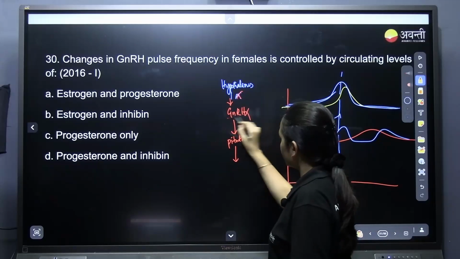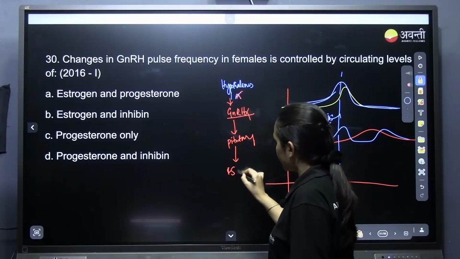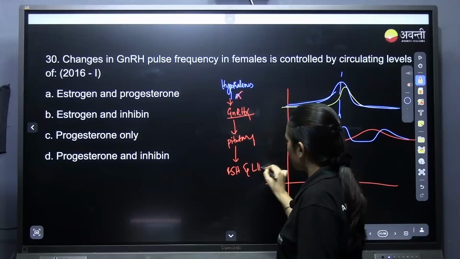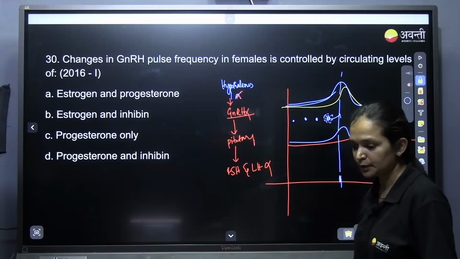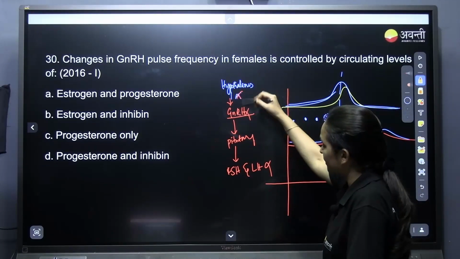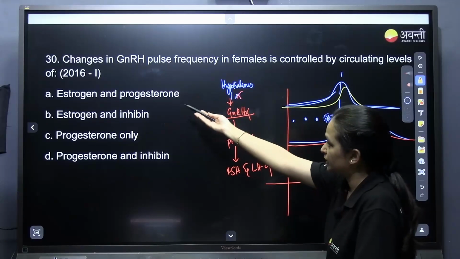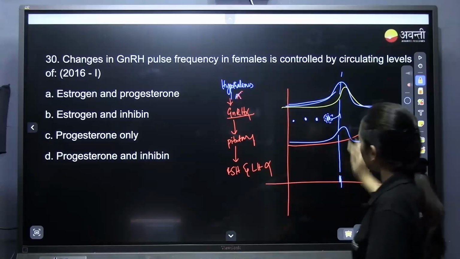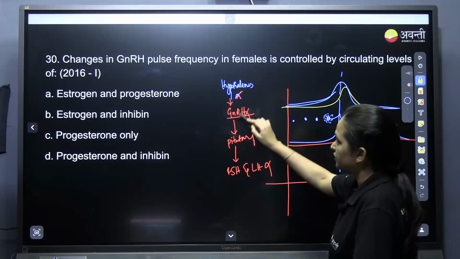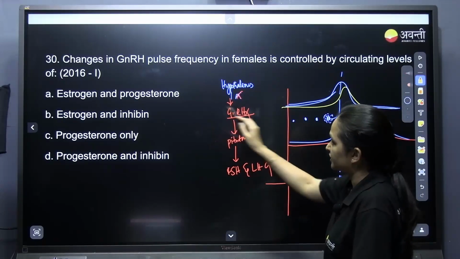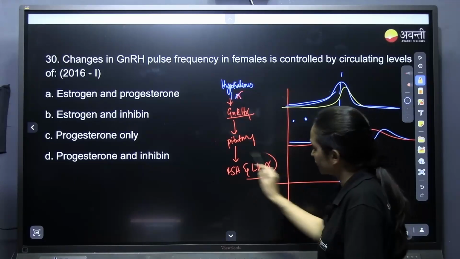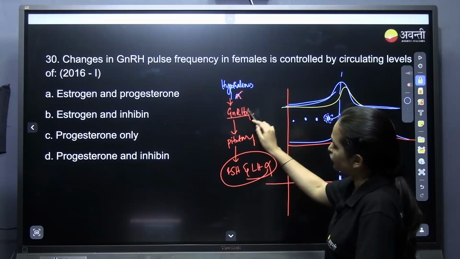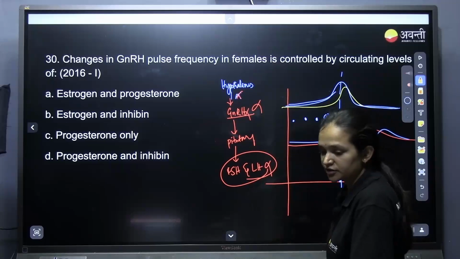If gonadotropin releasing hormone is not there, then FSH and LH will also not be there. Which means the hypothalamus will get the signal from the estrogen and progesterone, telling it after ovulation don't produce the FSH and LH. For not producing FSH and LH, we have to stop producing GnRH.